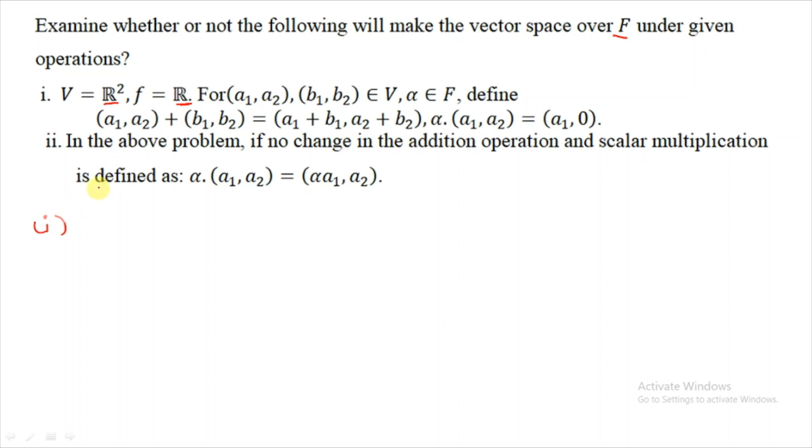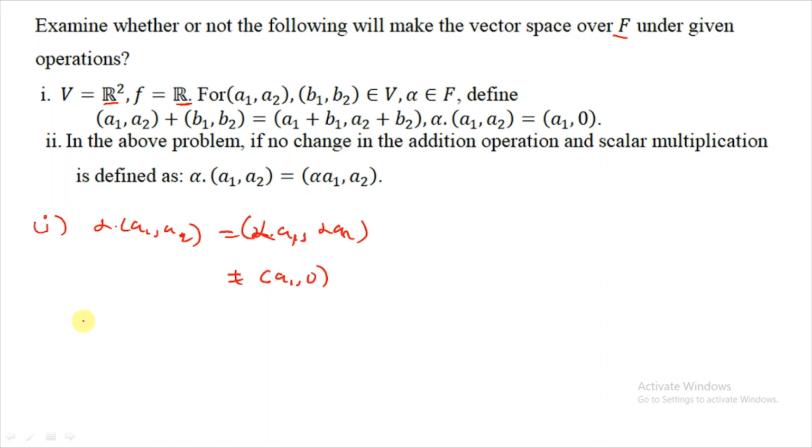Now if it is not a vector space, you have to give a counter condition. Now observe here alpha dot A1 A2. Generally, scalar multiplication is equal to alpha A1 comma alpha A2. But this is not equal to A1 comma 0.